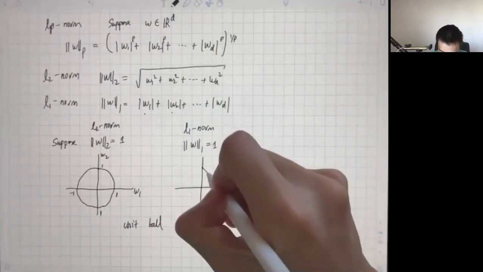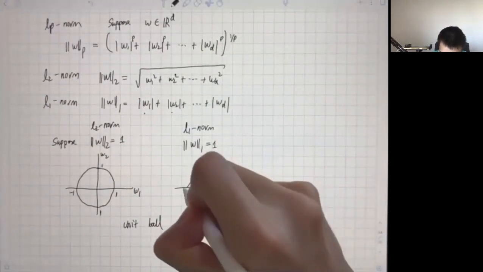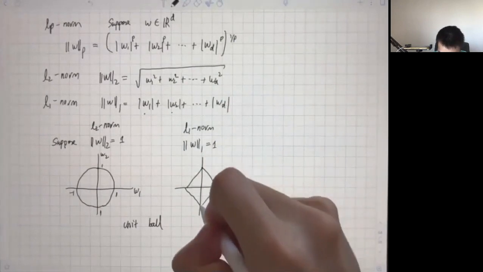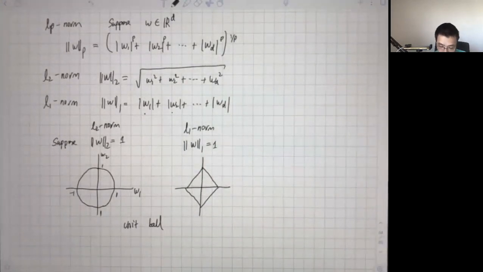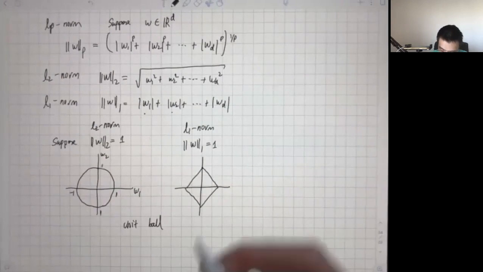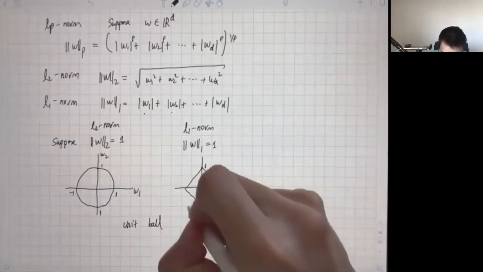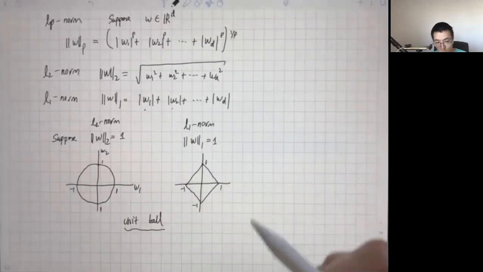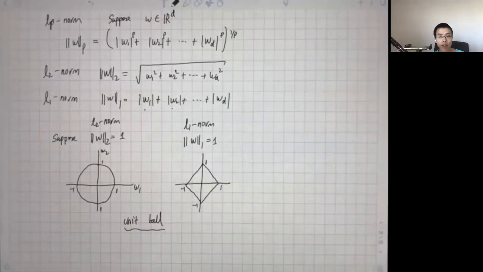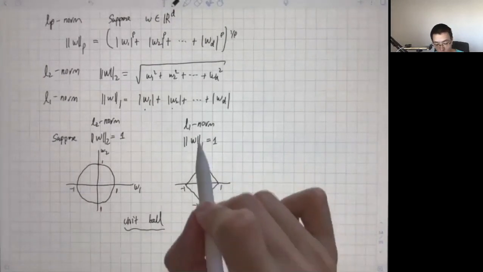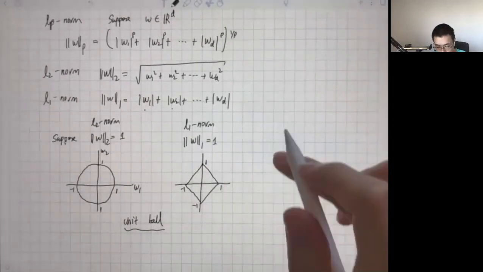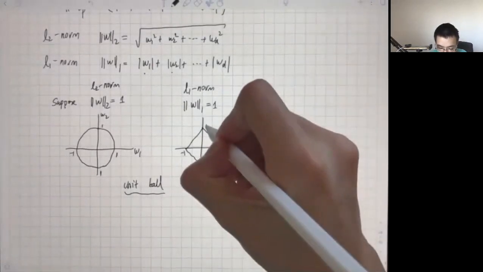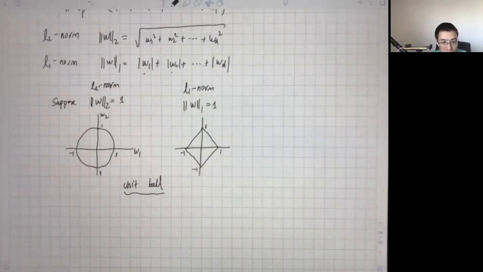So it's just this diamond, and this is 1, 1, minus 1, minus 1. It's also called a unit ball, although it's not a ball in the L2 sense, but it's still the vectors that have the length of 1 in the sense of the L1 norm. Unit ball just means the length is 1.